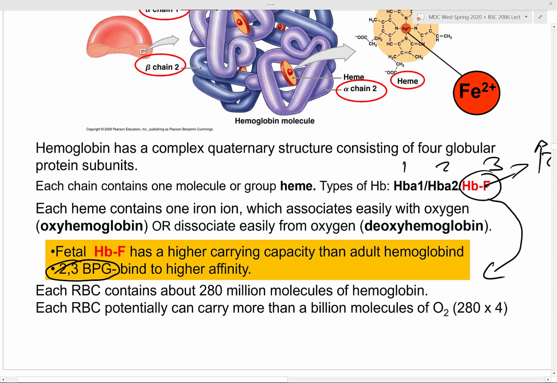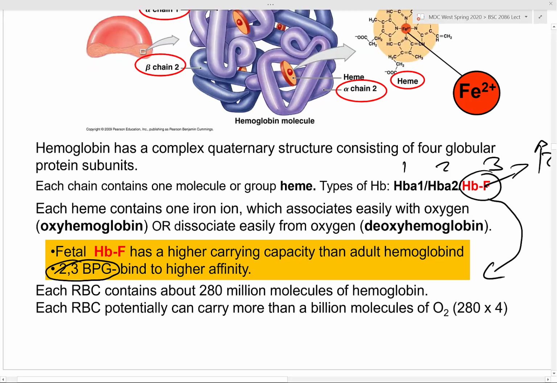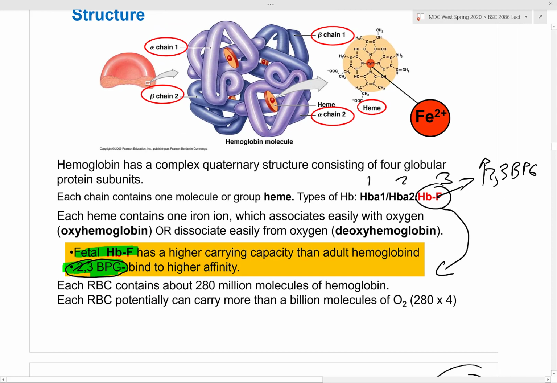So fetal hemoglobin, what is so important about it? We said that it has a higher binding affinity to oxygen, right? And that is because fetal hemoglobin possesses what? BPG, biphosphoglycerate.